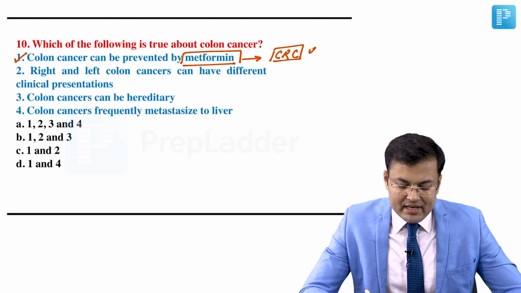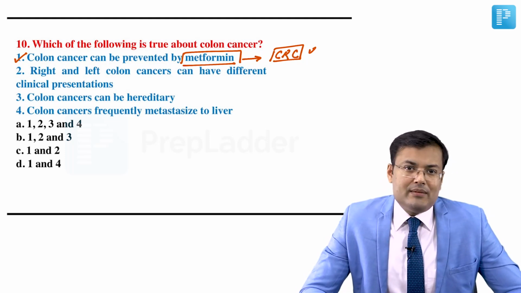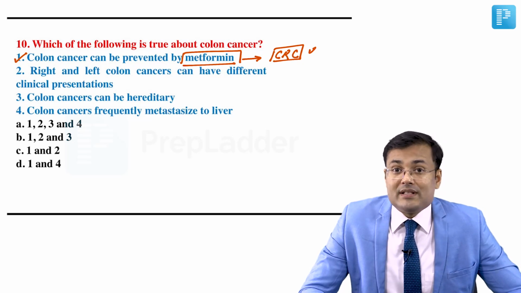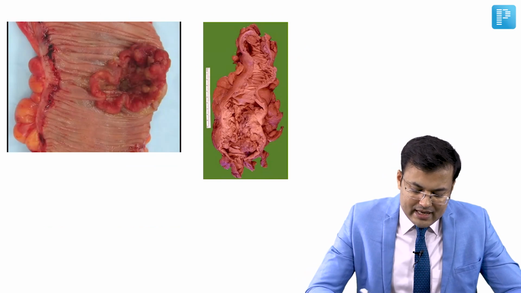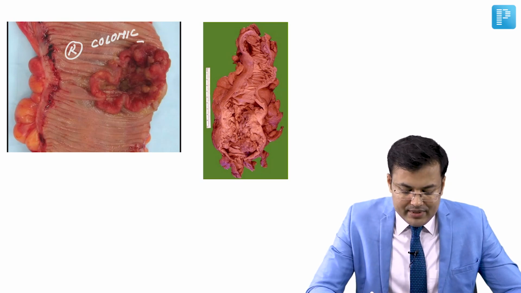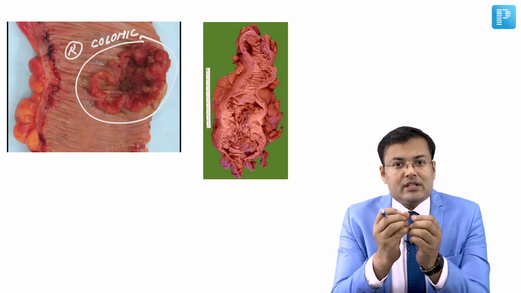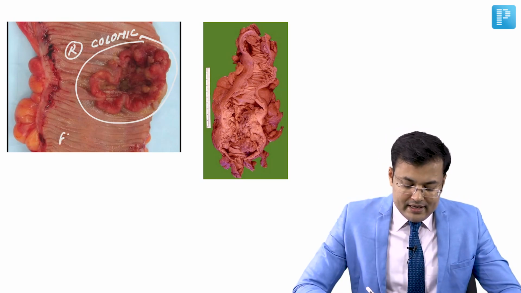It is correct. Right and left colon cancer can have different presentations. Now see what kind of presentation is there. In this diagram, you can see this patient has a right colonic malignancy, and can you see the appearance of this tumor? This tumor is ulceroproliferative, also known as fungating.